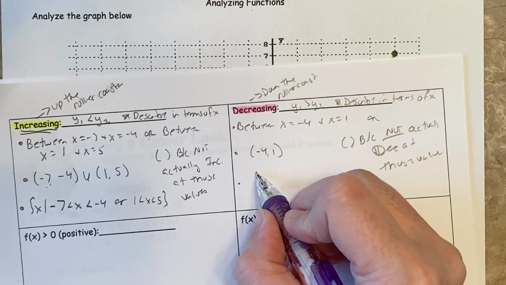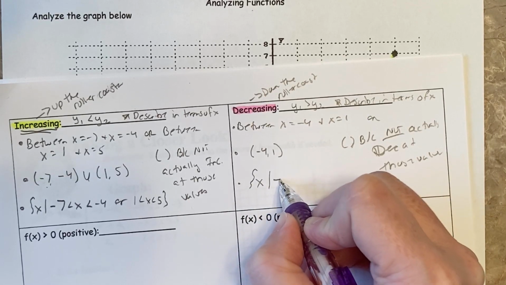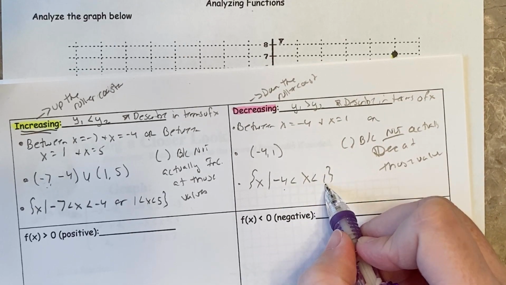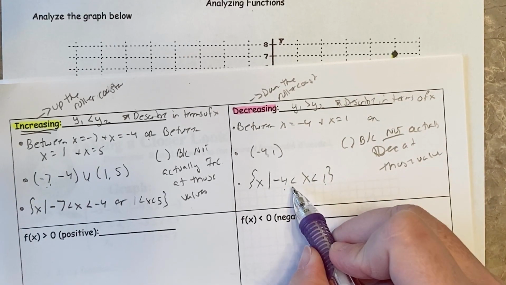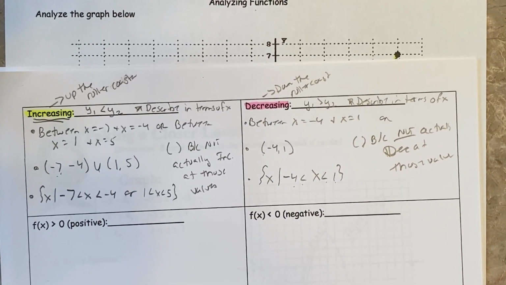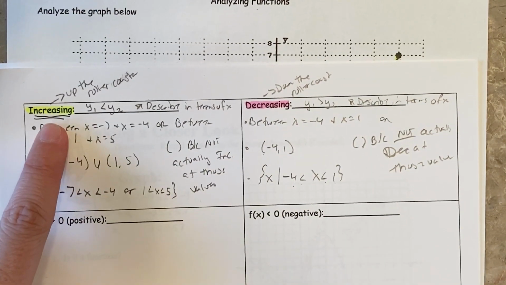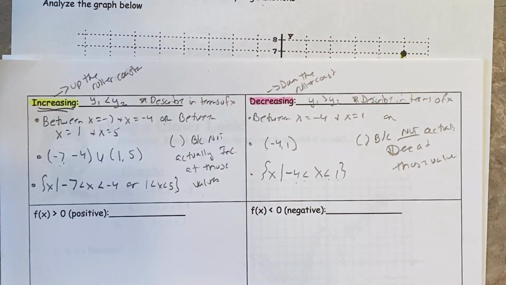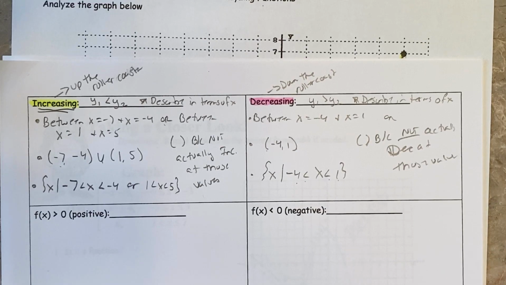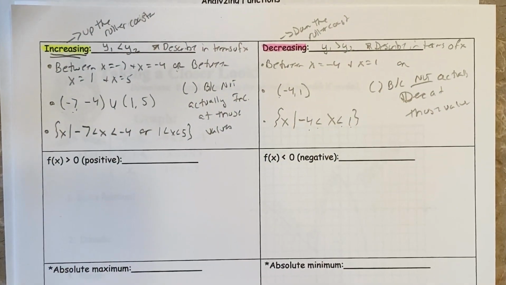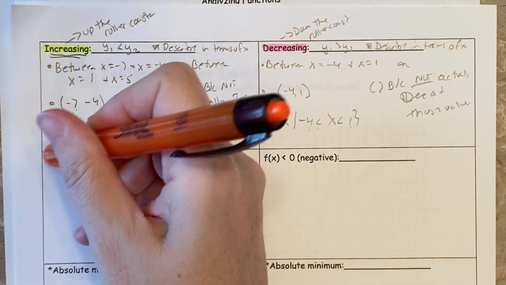And then our set builder, between -4 and 1. And again, notice there's no lines underneath because it's not actually equal to. So those are 2 new words. Increasing, up the roller coaster, think of almost like a positive slope. Decreasing, down the roller coaster, think of like a negative slope, but it's going to be more in terms of a curve.